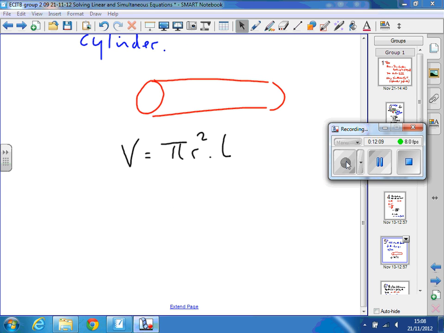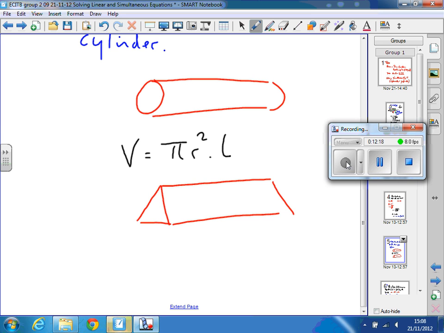So this idea of the prism is worth remembering. Just make this note, because of course if it had been something like this, then you would be able to know immediately what the volume of that was, because it would be the area of the end, and the area of a triangle is half base times height. So the volume would be half base times height times the length, where again the height would be this vertical height here.